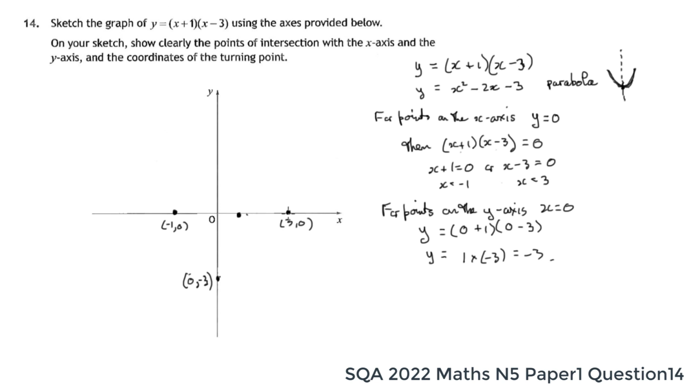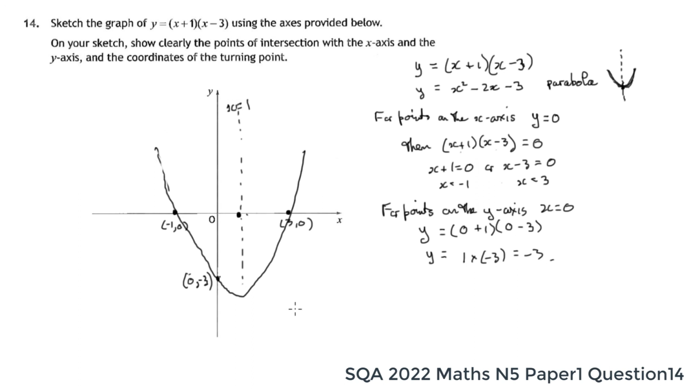If we come back 2 from 3, we'll end up at 1. So there's the axis of symmetry. We're not asked for this, but its equation is x equals 1. So we sketch in a curve which comes down to a minimum and back up, that's supposed to be symmetric.